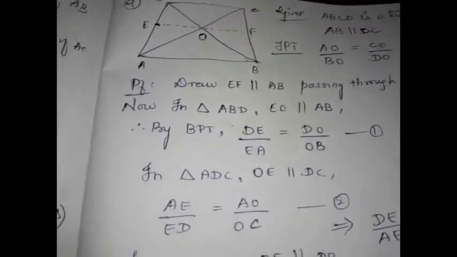So we got what is required, right? The only thing we did here is construct a line parallel to the side AB, and then apply the basic proportionality theorem twice.